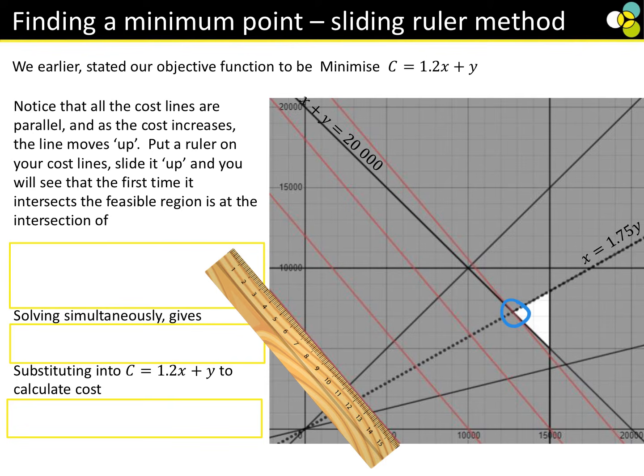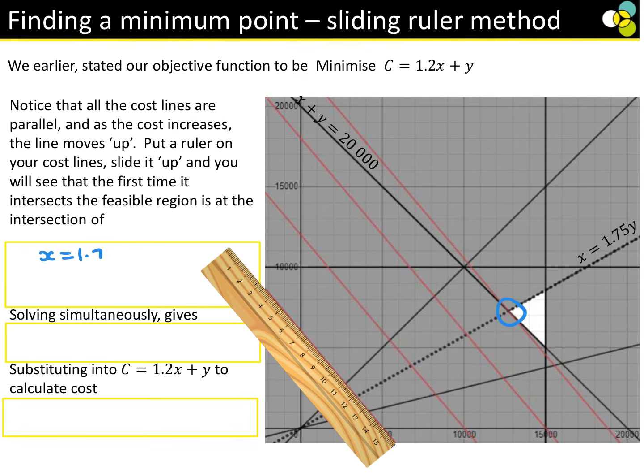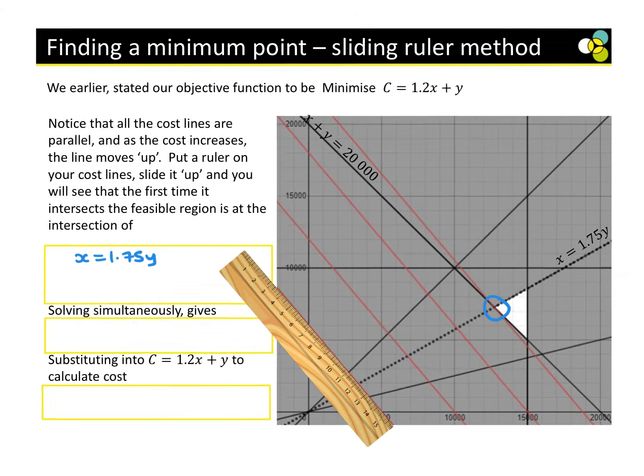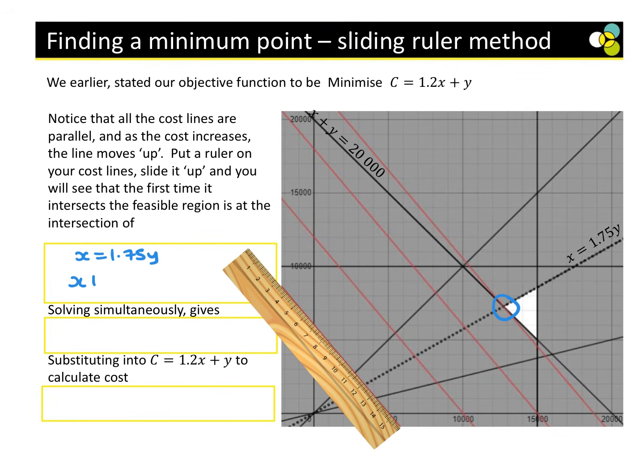Simultaneous equations. We know that the dotted line is the line x equals 1.75y, and we know that the other line is x plus y equals 20,000. I'm going to solve using simultaneous equations, and then find a coordinate for x and a coordinate for y.